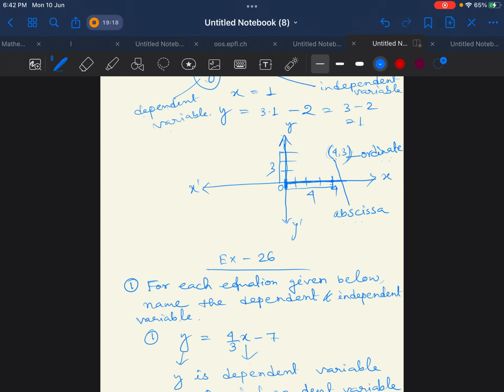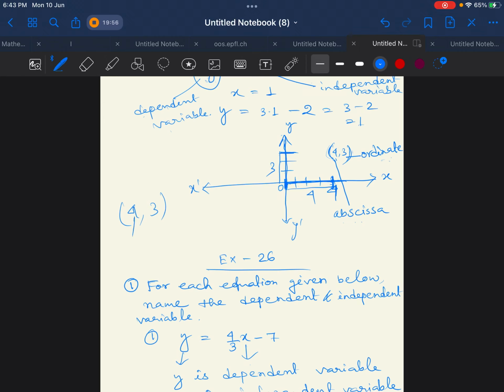Now we have to know what is abscissa and what is ordinate. So the distance of this point from origin along x-axis is called abscissa, and the distance from origin to this point along y-axis is called ordinate.